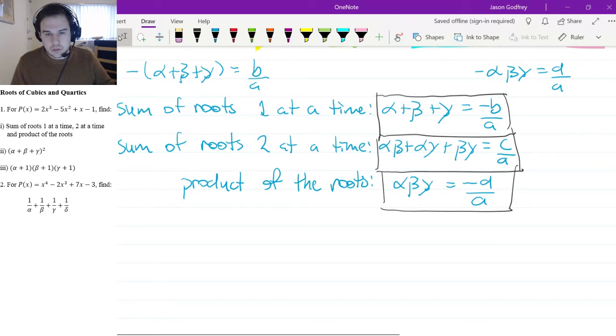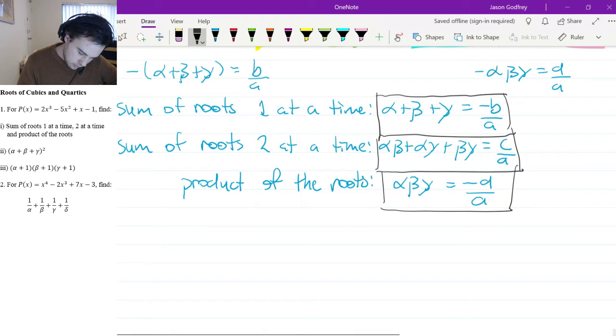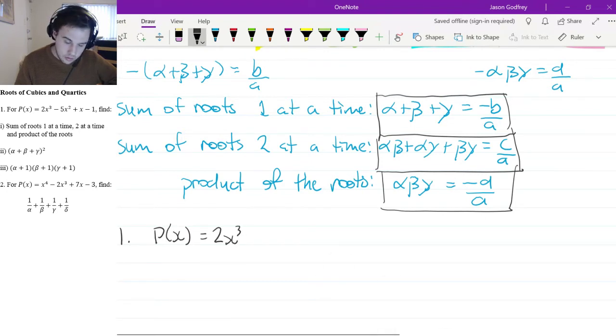Okay, so I'll go through question 1 now using these. I'll just write out a polynomial. We've got p of x is 2x cubed minus 5x squared plus x minus 1. So the coefficients, because they're in order, you should check.